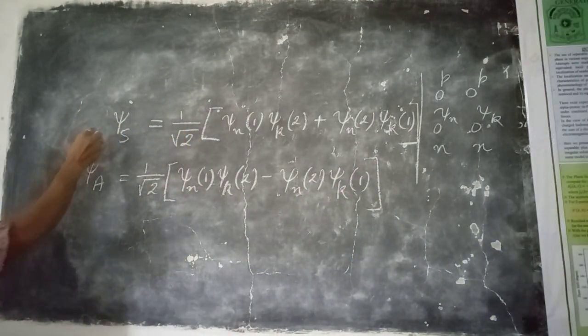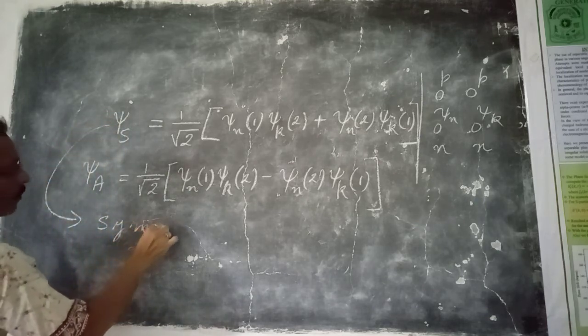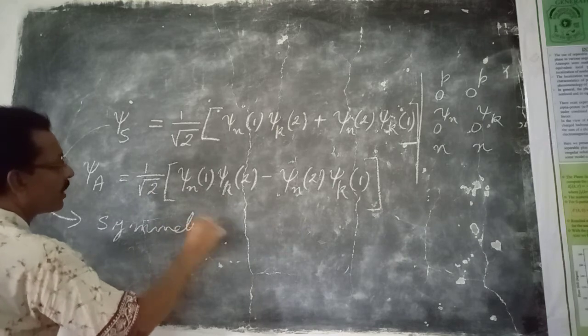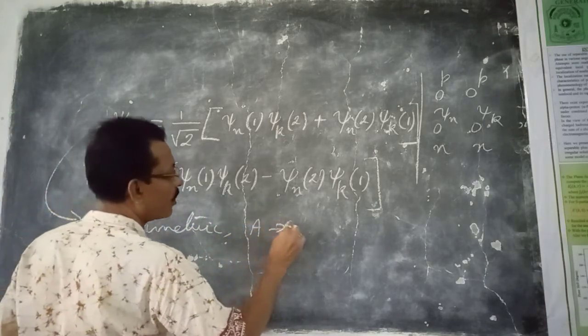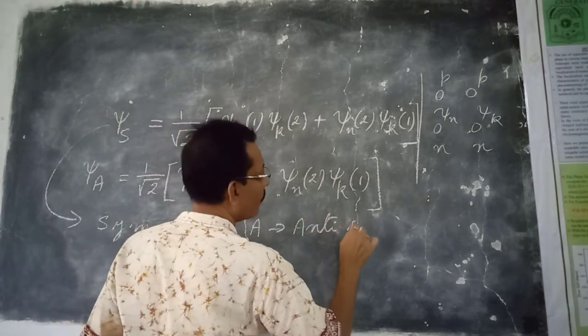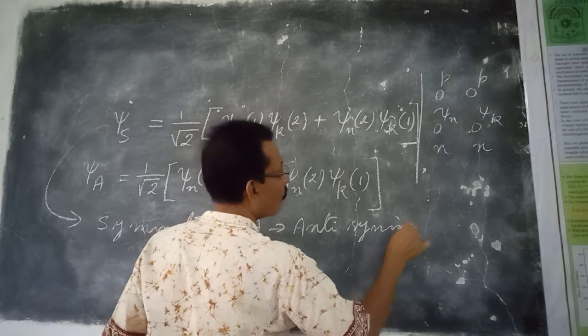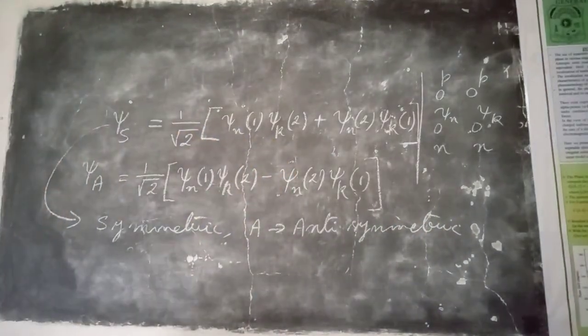The subscript s stands for the symmetric wave function, and this is antisymmetric, with a as the subscript, with respect to the exchange of their position.